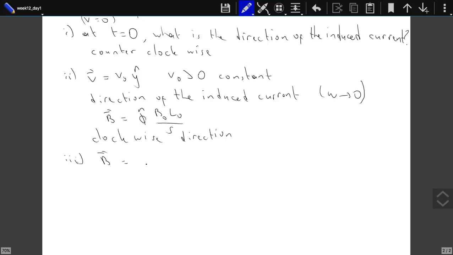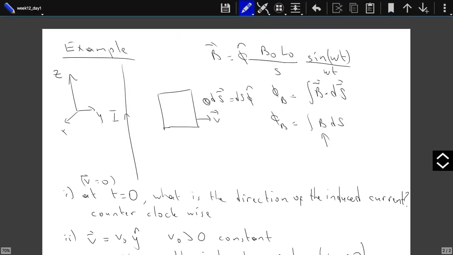Now let's assume B is equal to phi hat B0 L0 over s. So let's assume V is equal to 0. In fact, we don't even need to assume V is equal to 0.